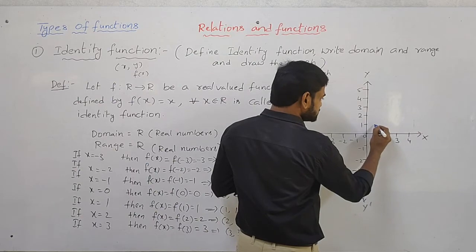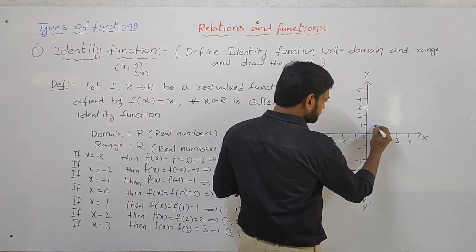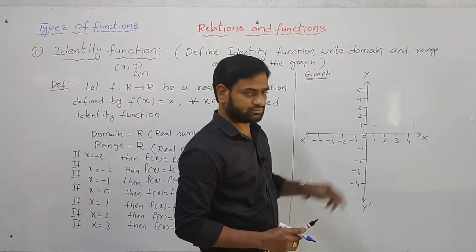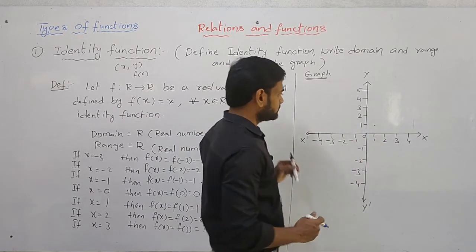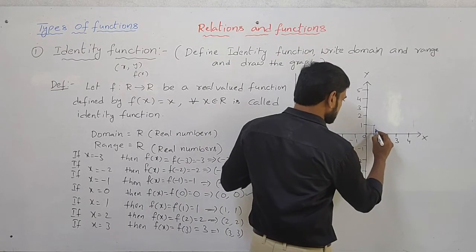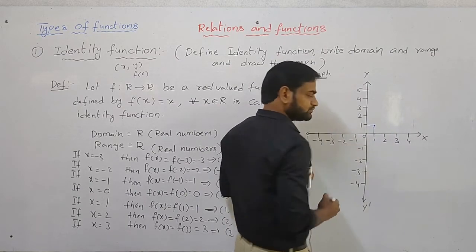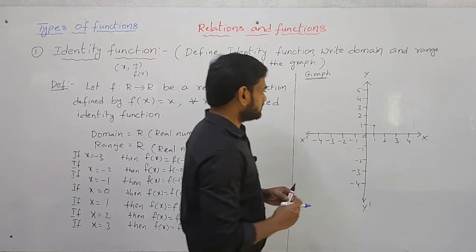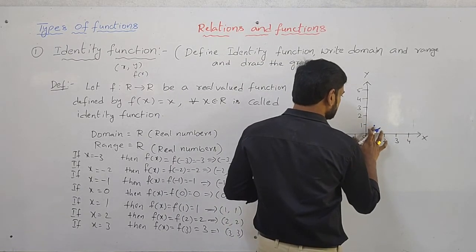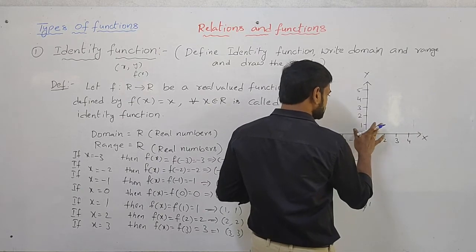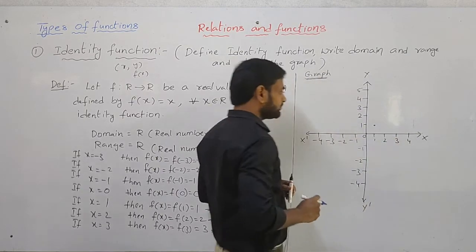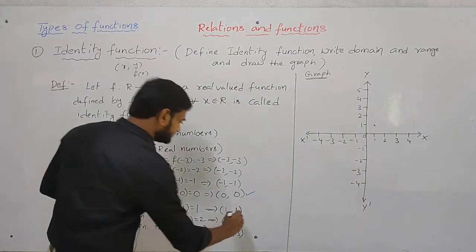So the meeting point is this one, for the x value and y value. Just draw like that. I think all of you know how to plot the graph. So that is the 1, 1 complete.